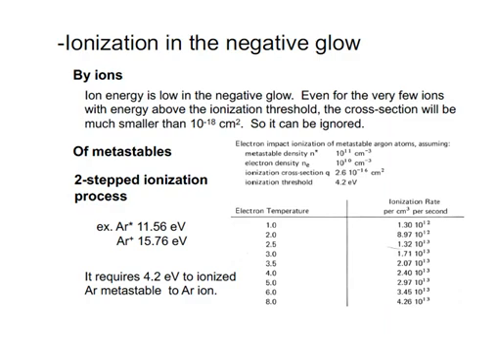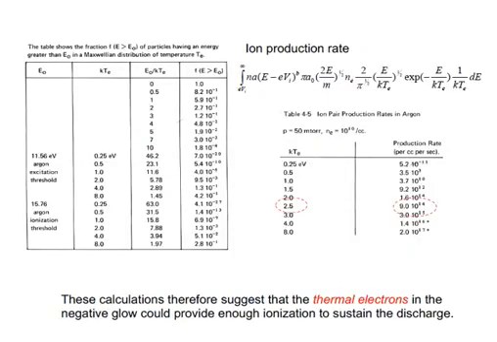Compared to the previous process, where thermal electrons undergo electron impact ionization, the ion and electron pair production rate can reach 10 to 15 if the energy of the electron is about 3 or 4 electron volt.